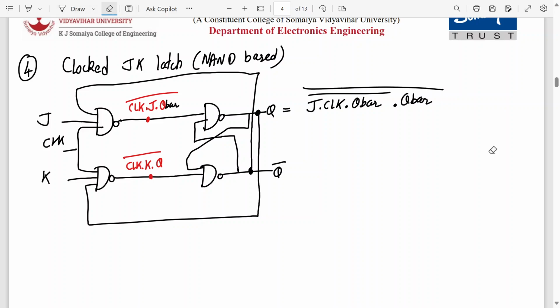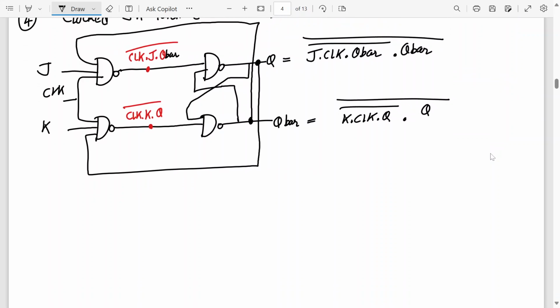So this also will be bar, or else a lot of confusion will be there. This will be K clock dot Q bar dot Q, the whole bar. The truth table will be the same. I'm not drawing it. We are interested in implementing.